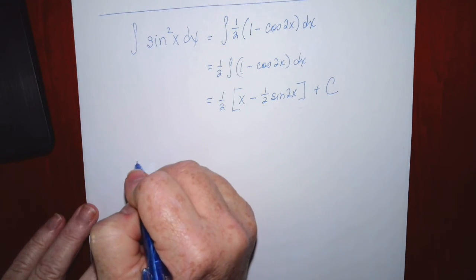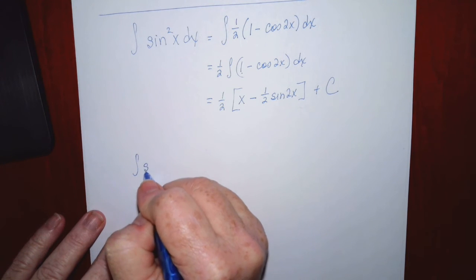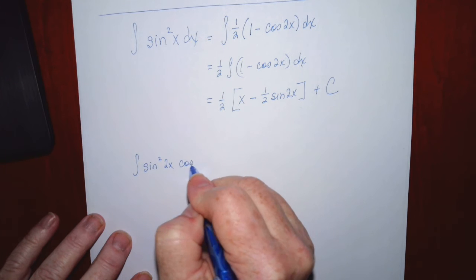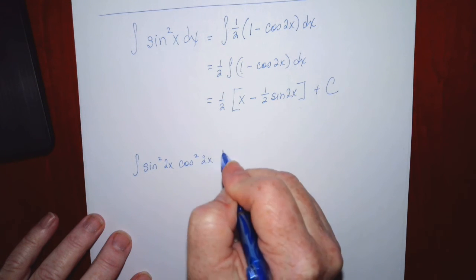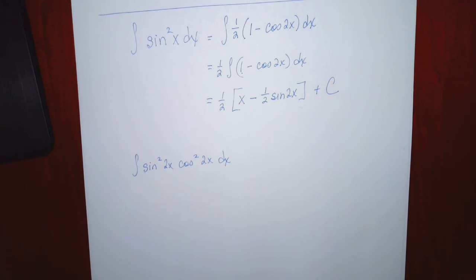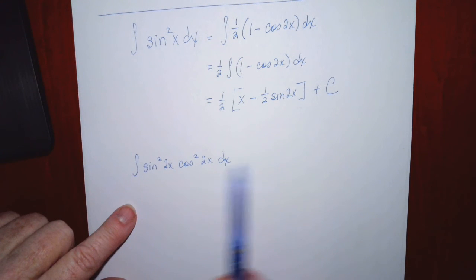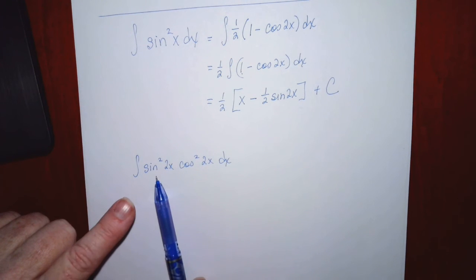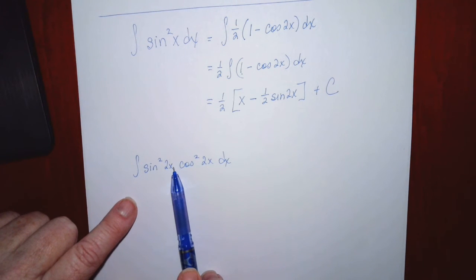So for example, what if we had sine squared of 2x times cosine squared of 2x? I can't pull off either a sine or a cosine out here to be du, because if I did, it would leave just, say, one sine, and I can't use the Pythagorean identity on that, at least not easily.